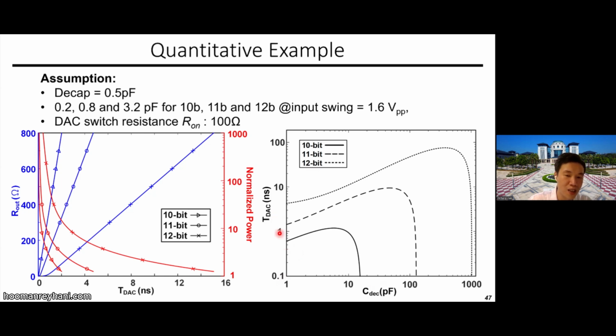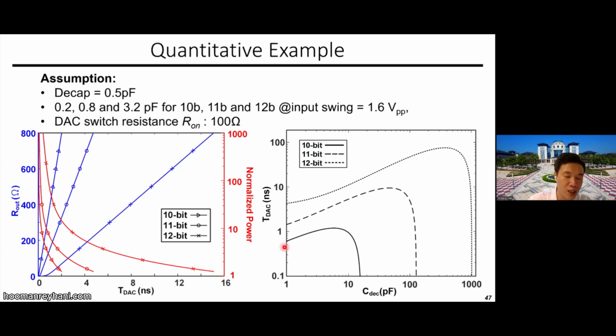It still needs a long time, because in this case, we do not have the reference buffer over here. We just purely rely on this decoupling cap to provide the charge. If we have small capacitance over here, then we do not have the pool, so we have to wait for the reference to recover on its own.